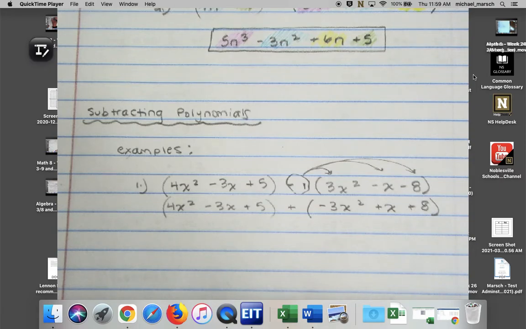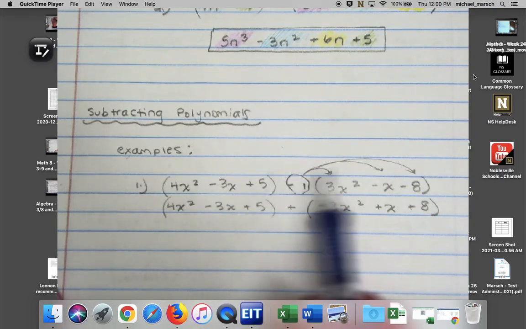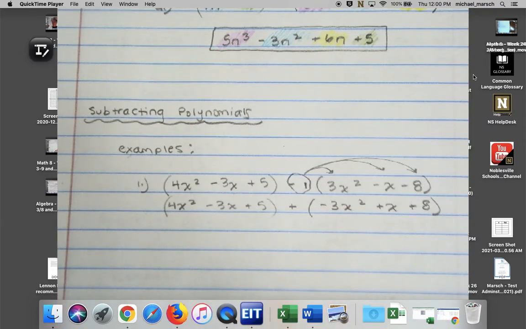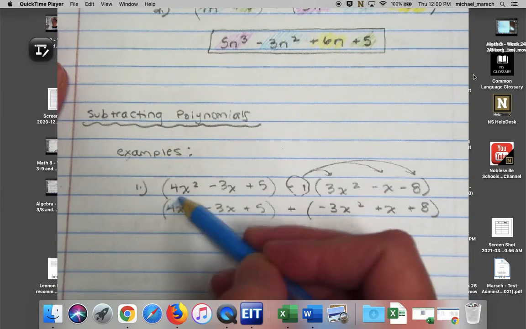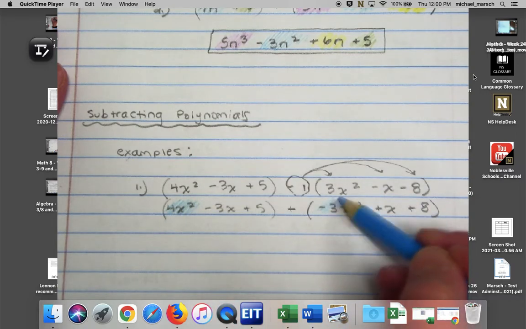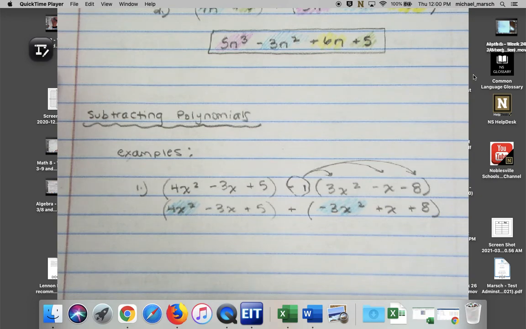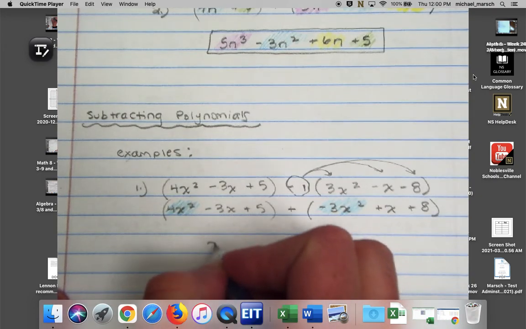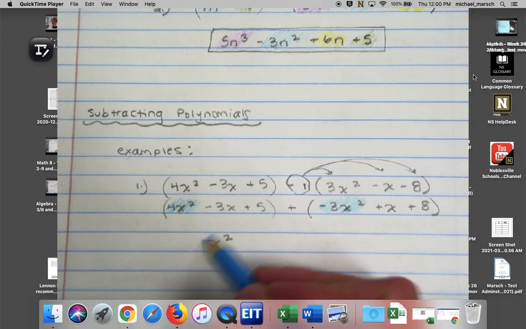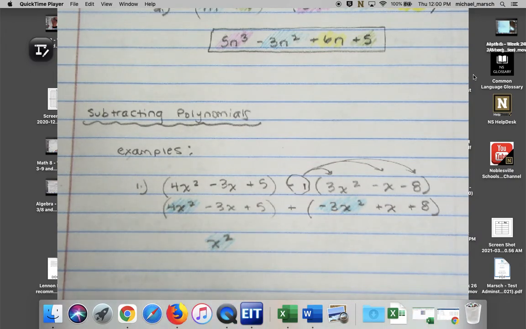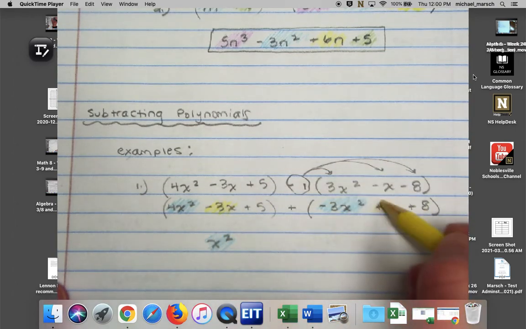And now we're right back where we were. You just have this little extra distributing situation here. That's really it. So we've got our 4x squared and negative 3x squared. So how many x squareds do we have? 1. So we just have x squared, or you could write 1x squared if you wanted. Then we've got negative 3x and positive x.